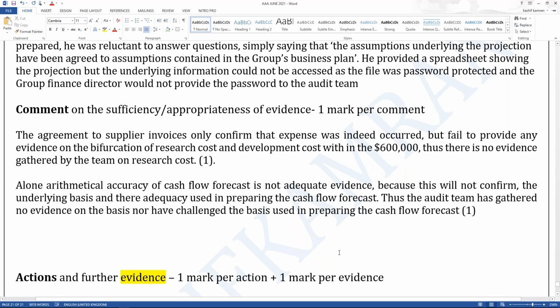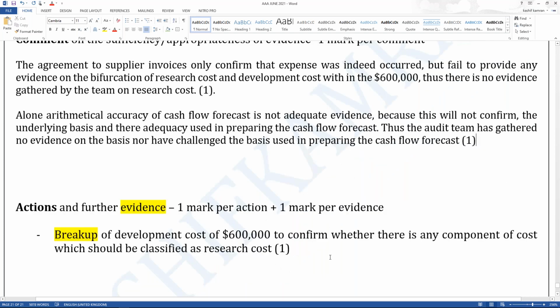So will I write in my evidence notes of discussion confirming the underlying basis?